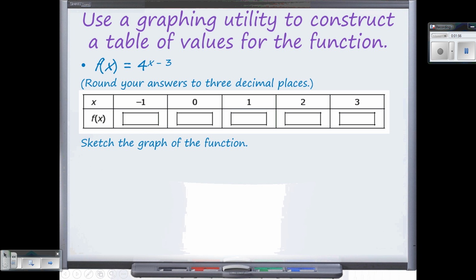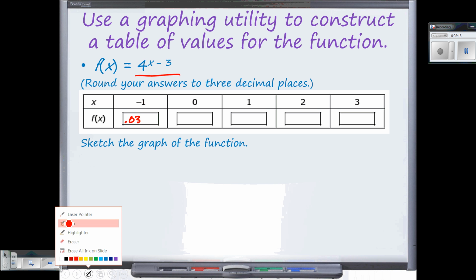Alright, use a graphing utility. So if we put this into our calculator and we go to our table function, we go to the -1, I get, rounds to 0.04. I apologize. I need to erase that. 0.004.